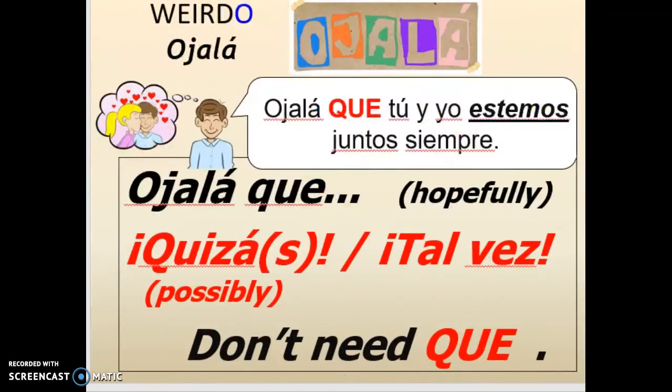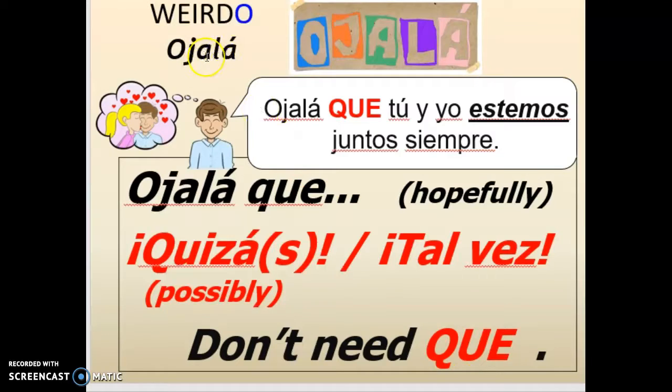And the last, ojalá, like the song, ojalá que llueva café en el campo. Ojalá que tú y yo estemos. Ojalá is by itself. It's a hope. So it is just used always in the subjunctive. A lot of times you have ojalá without the que.